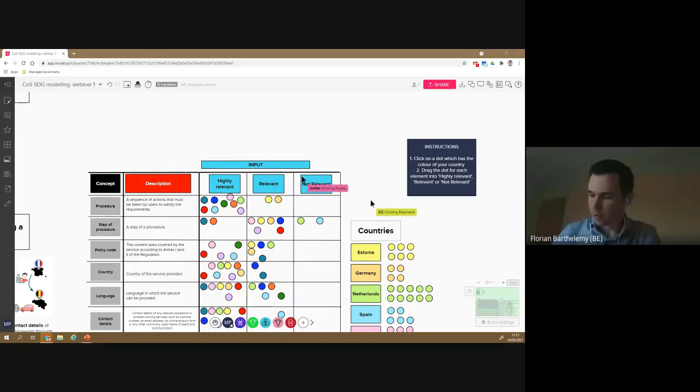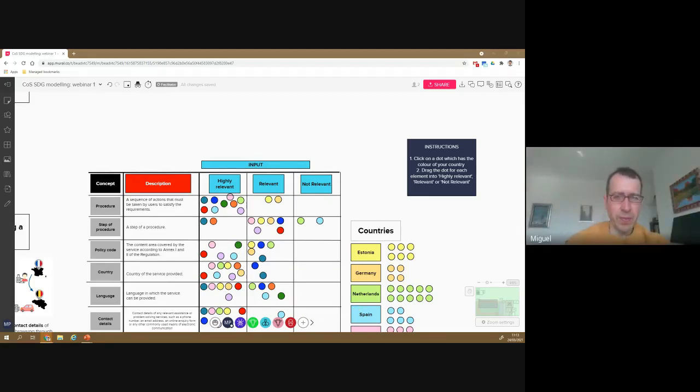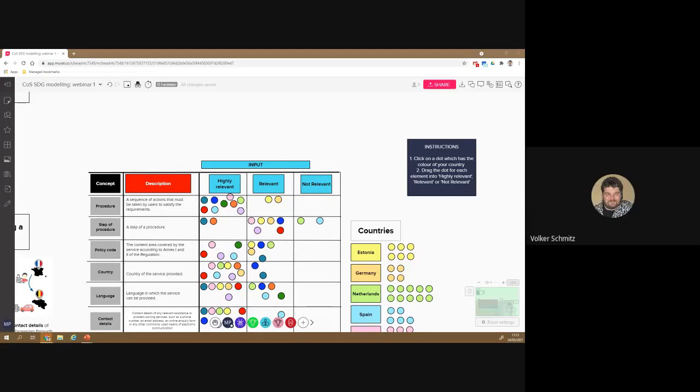Yeah, and does anyone want to react on what Paola explained with procedure, services, and steps? Yeah, Volker. In fact, I don't want to reply, but I have an additional question. Go ahead. Okay, my additional question is: if you're looking at your case file with a car, is the procedure both parts of the use case?